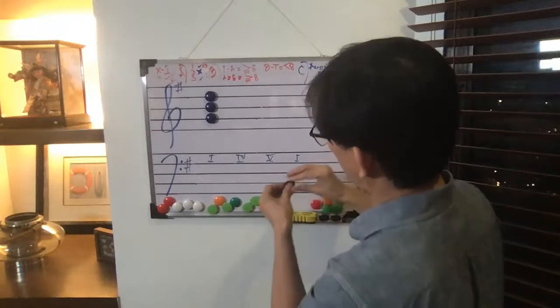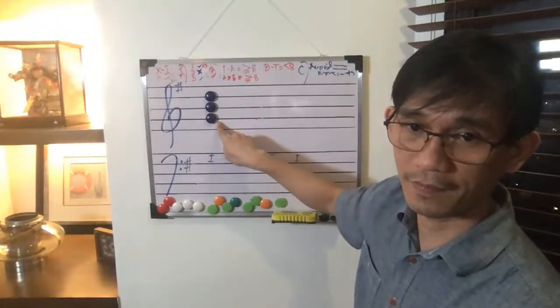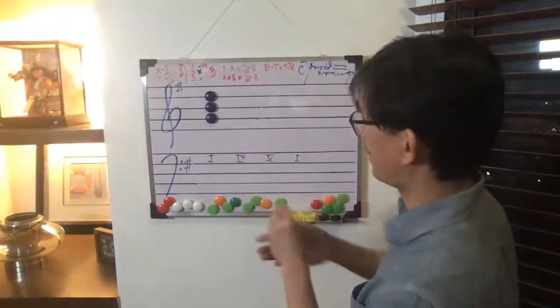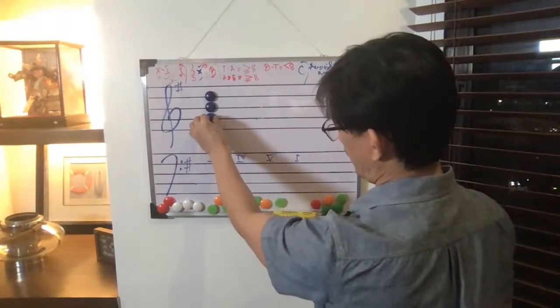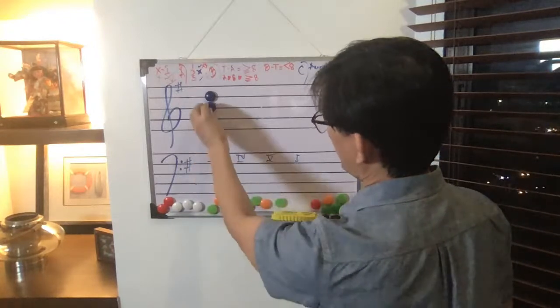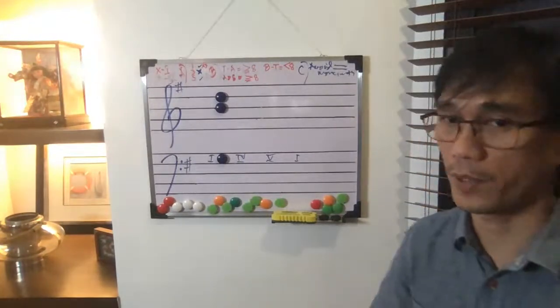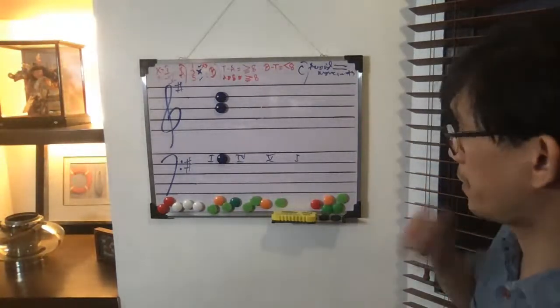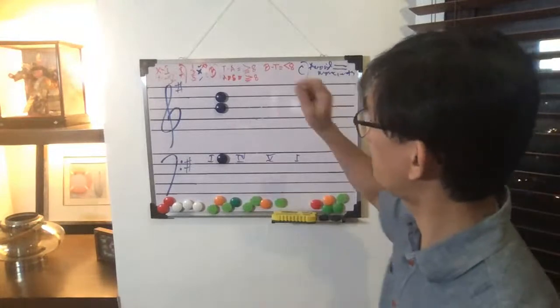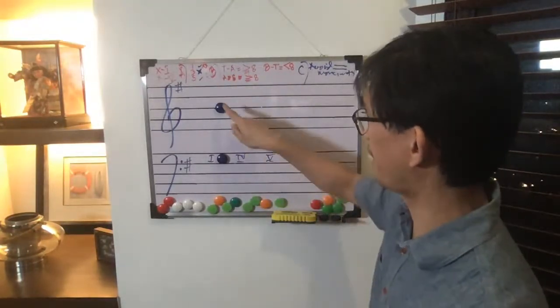So let's add another note. So where do you want to put the tonic? Yeah, perhaps just here. And then where do you want your soprano to be at? Let's make it like that. So that's the third.